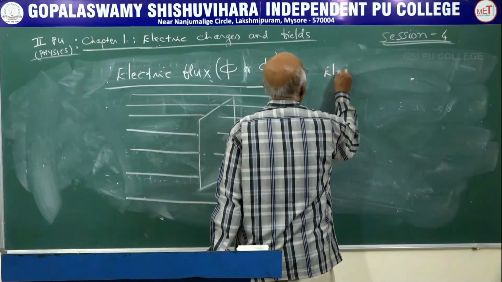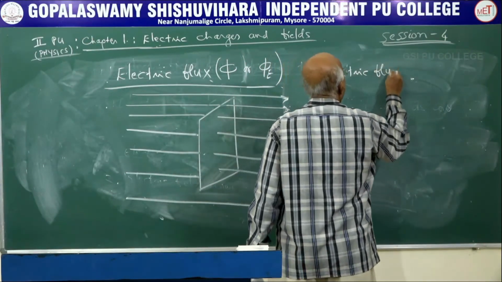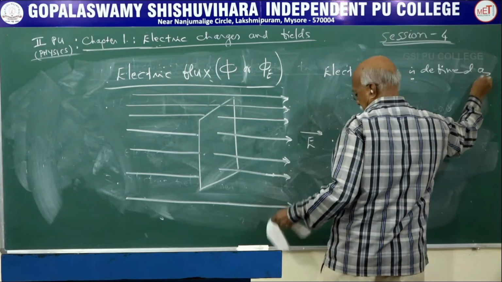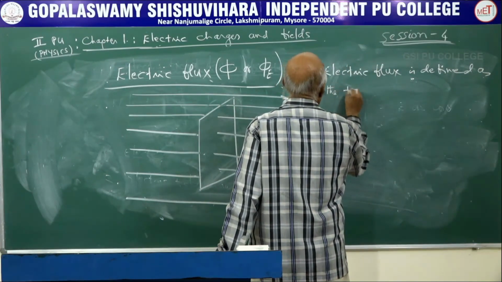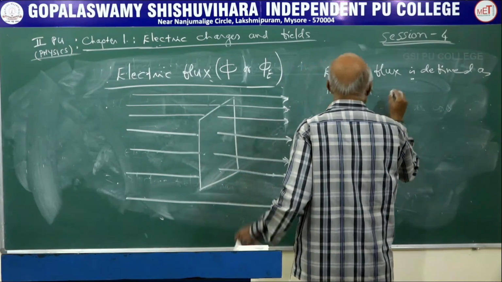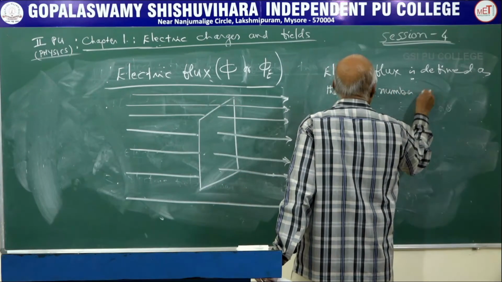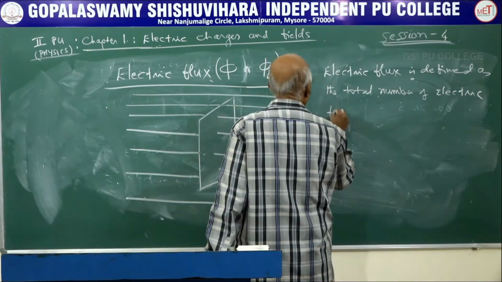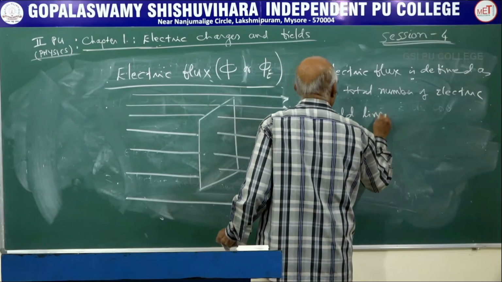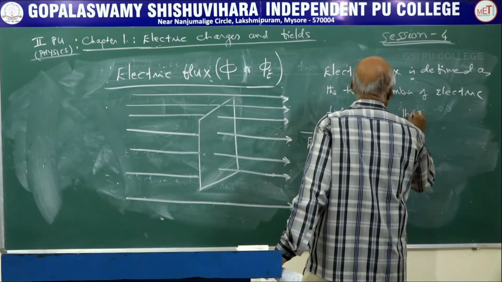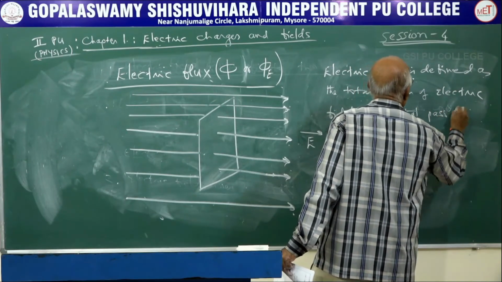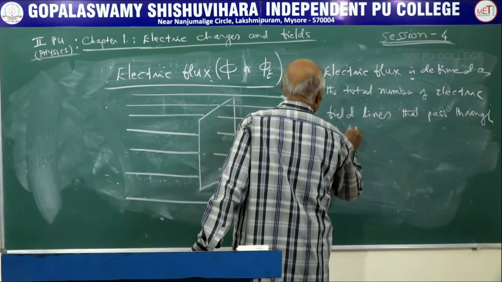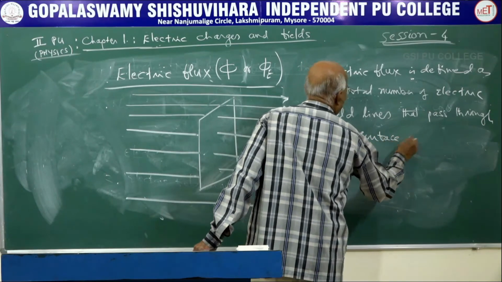Electric flux is defined as the total number of electric field lines that pass through that surface normally.